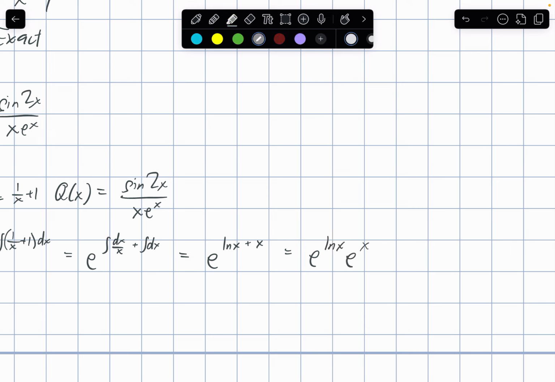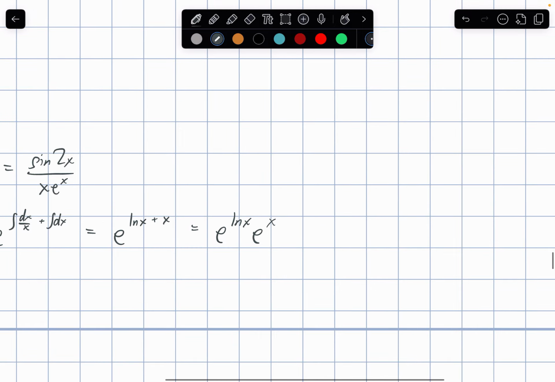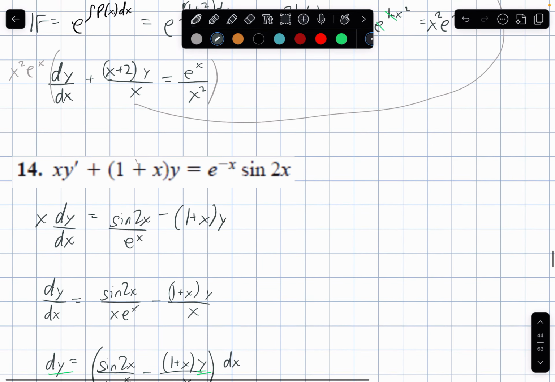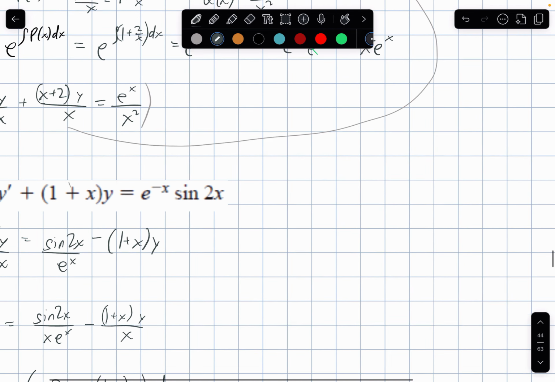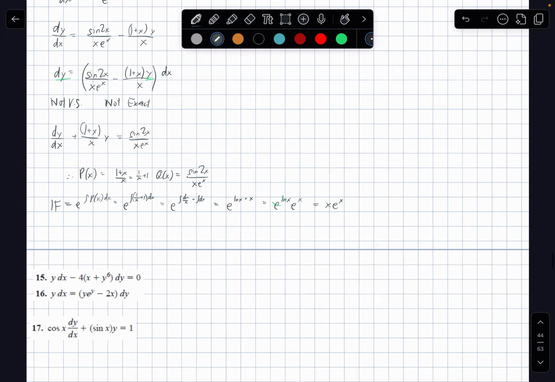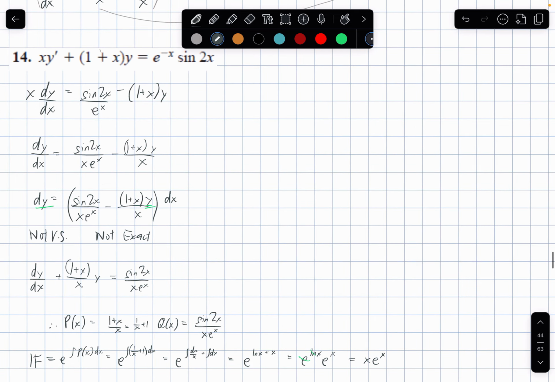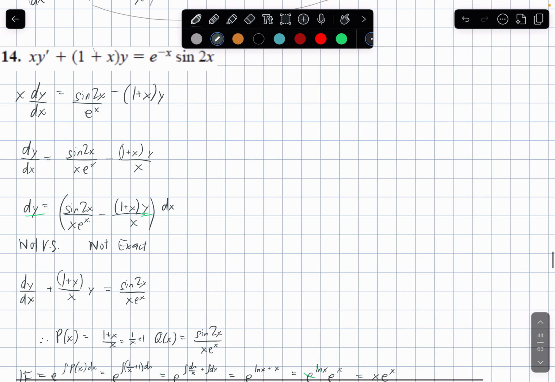This is one of the things that I really want to ask, if it's possible to actually do this. Like, I still can't believe that it's actually possible. Verify. This is number 14. Integrating factor is, yup, x e raised to x. Okay, so given x e raised to x, we multiply it by the standard form.